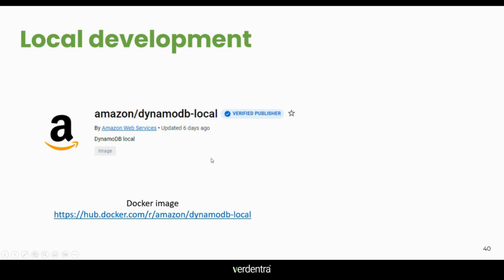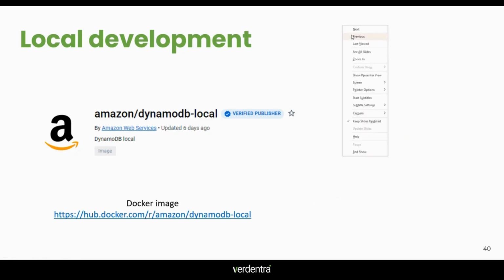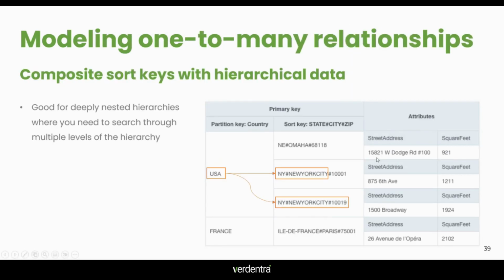You can run an instance of DynamoDB in your local Docker, and you can try out these things. And there's also a GUI tool called NoSQL Workbench for Amazon DynamoDB, which can assist you in data modeling, visualization, and operation building. These examples and visualizations were created using NoSQL Workbench.